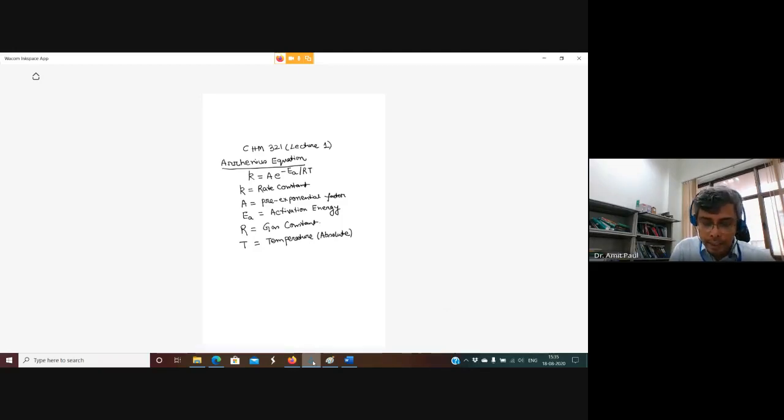So what this equation is telling us is that it is basically required for us to understand the temperature dependence in kinetics. Roughly looking at this equation, one can say that the rate constant is strongly dependent on the temperature, right?